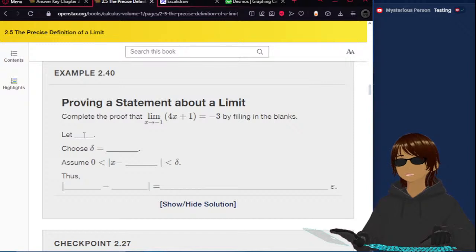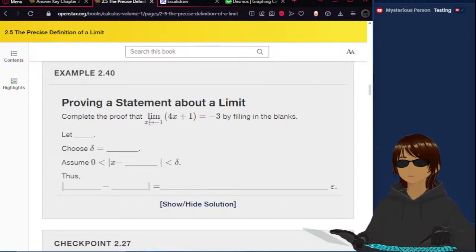So let epsilon be a positive number and then choose some random delta, let's say 0.5, x minus 1, so x plus 1.